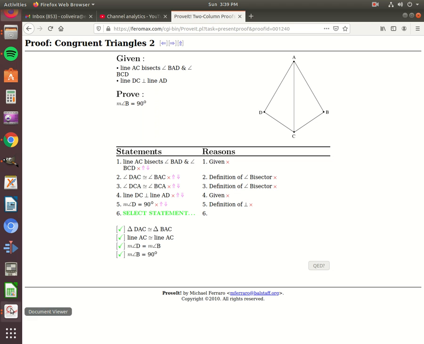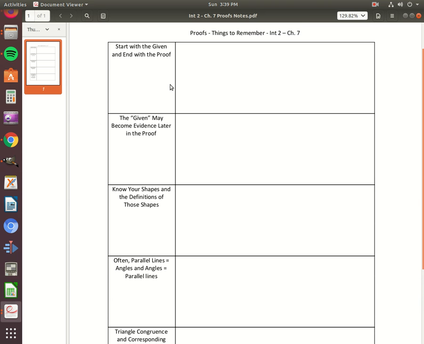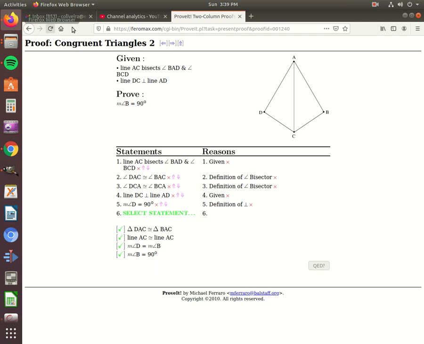I start with the given and end with the proof, but the given is becoming evidence. And here's what I mean by that. It gave me that it was an angle bisector, so I used angle bisector in the definition. It gave me that it was perpendicular, so I used perpendicular as a reason, right, in the definition. So you can see how these work together, and now I'm working my way through here.